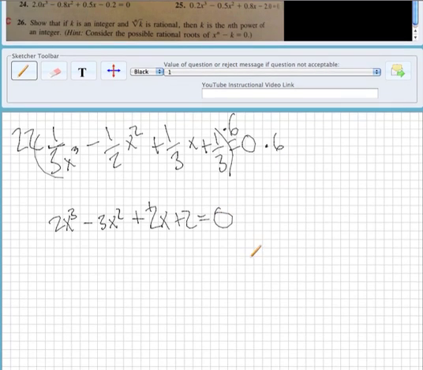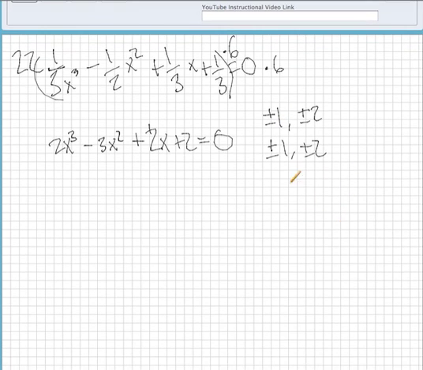So what we want to do is look at the first and last coefficients and find the factors from that. So it's going to be plus or minus 1 for the last one and plus or minus 2 for that one. Then we'll go plus or minus 1 for the first one, and then plus or minus 2 as well. So those are the 8 factors there for these two things.